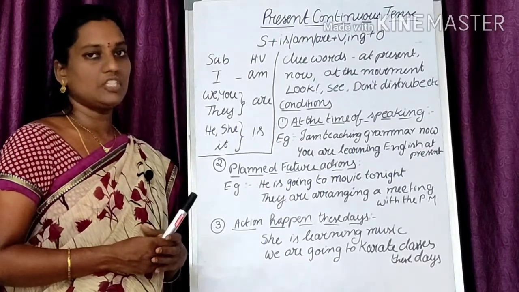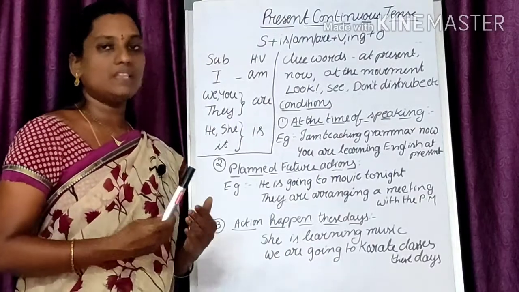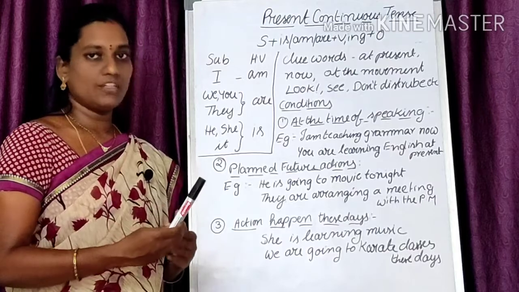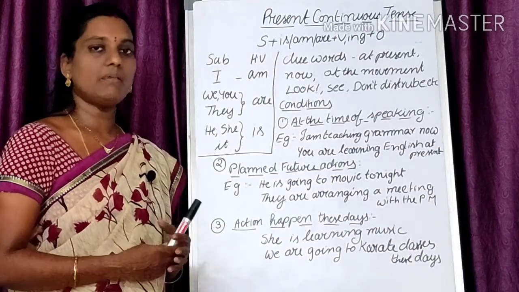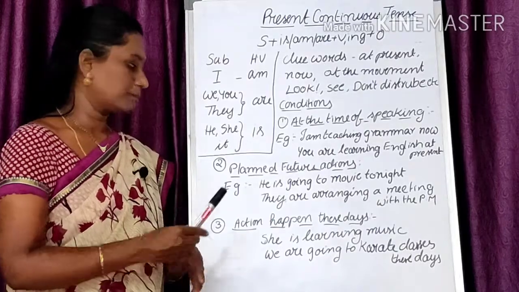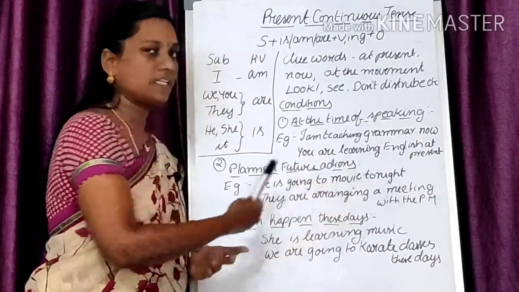The second condition is planned future action. If you know anything that you planned in the future, the actions you can do definitely in the future can be expressed in present continuous tense. See examples. He is going to a movie tonight.